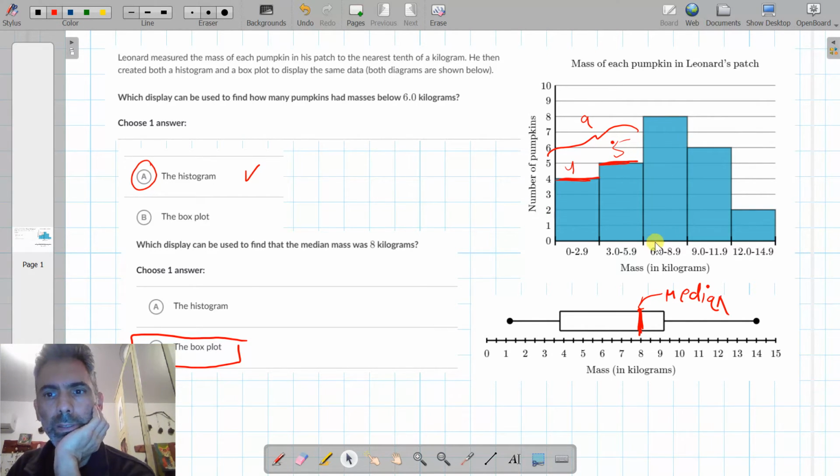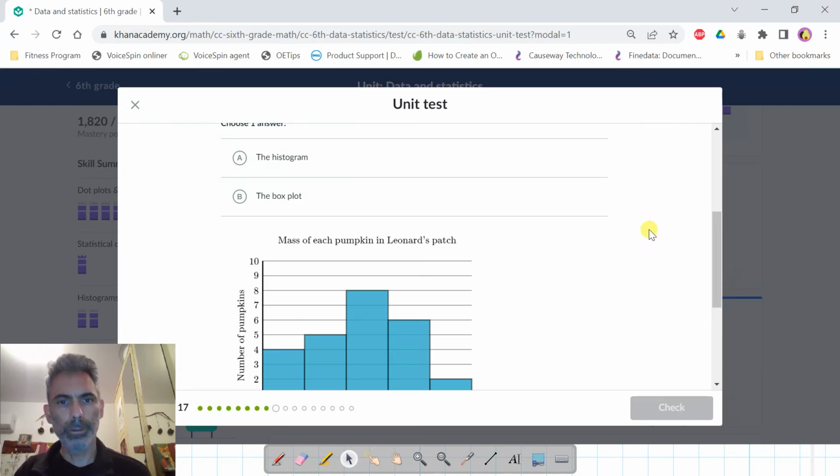We have a bucket of pumpkins that weigh between 0.6 and 0.9, but we don't know the specific data points within the bucket, so we cannot calculate the median in the histogram.